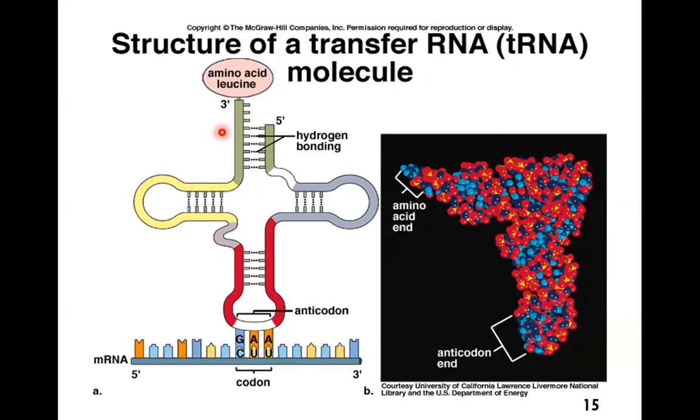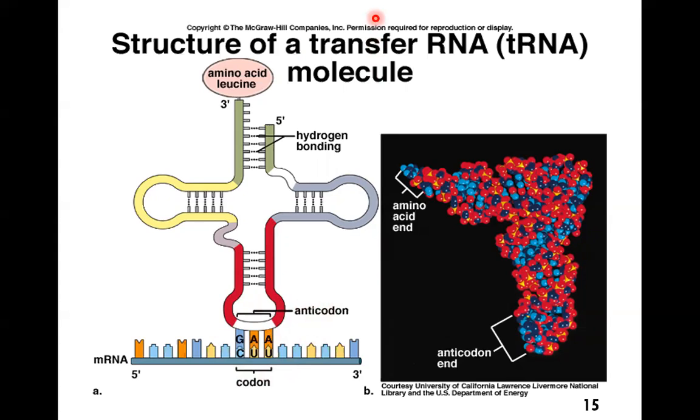So leucine bonds here, and this is the arm for the anticodon on the mRNA. This is the codon and anticodon of mRNA translating the gene to the amino acid leucine, and the second codon to another amino acid to form a peptide bond, and so on.